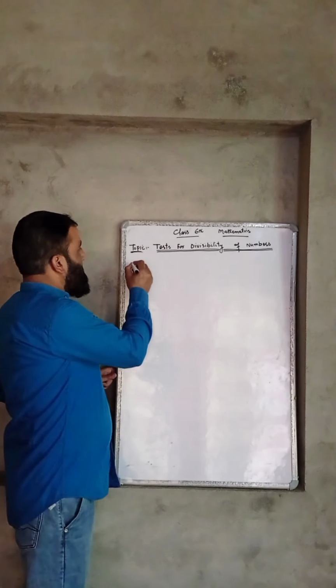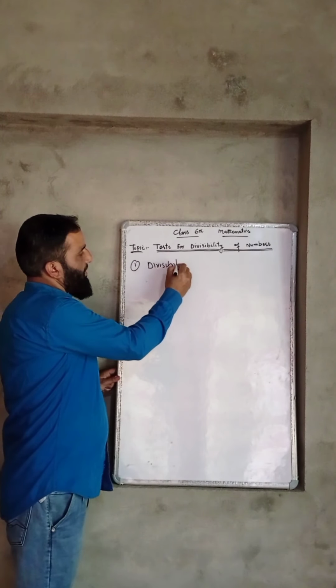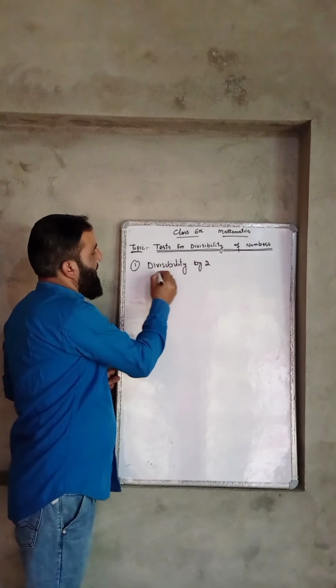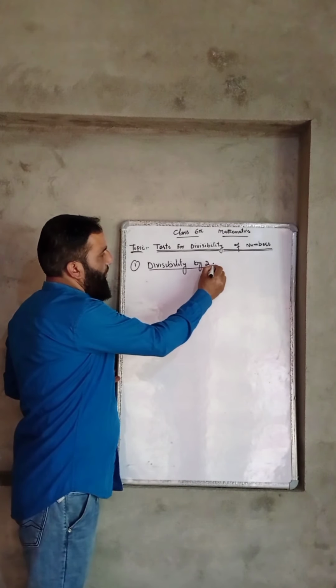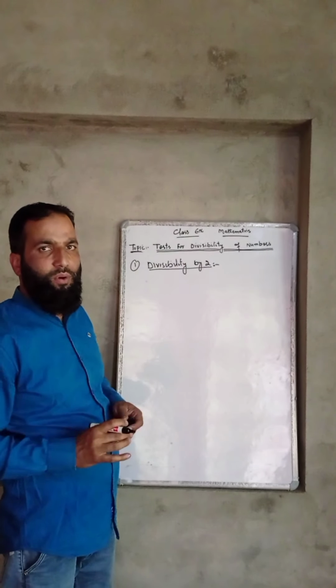The first one is divisibility by 2. Here we are supposed to check whether the number is divisible by 2 or not.